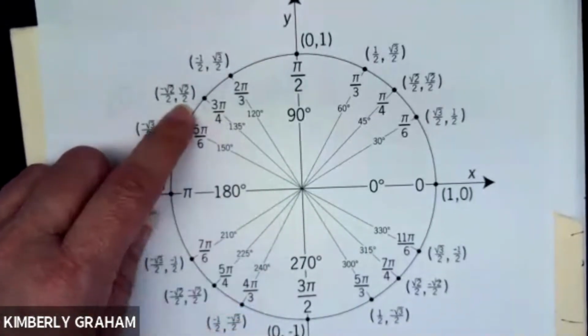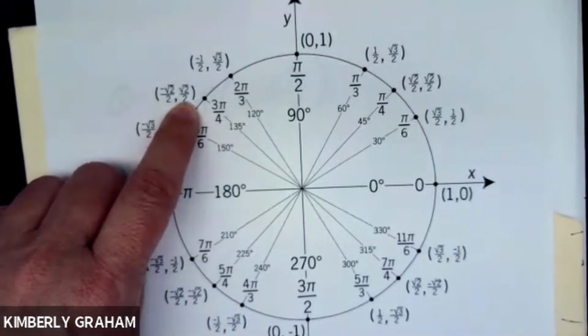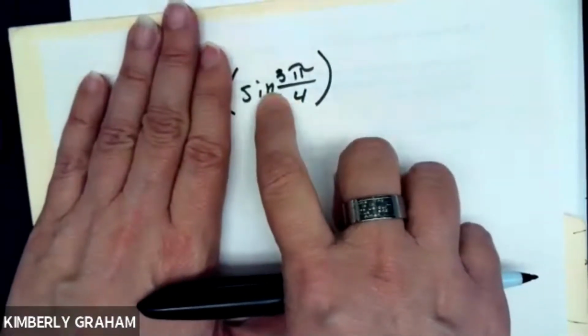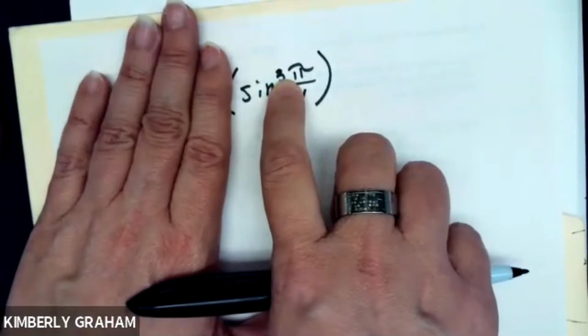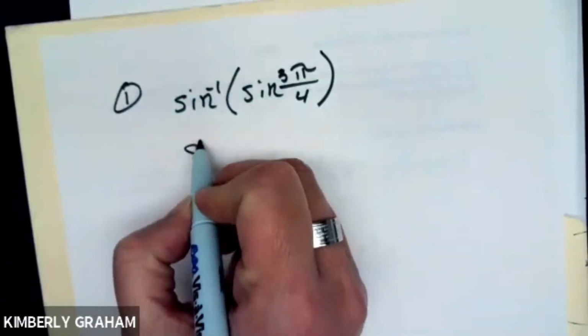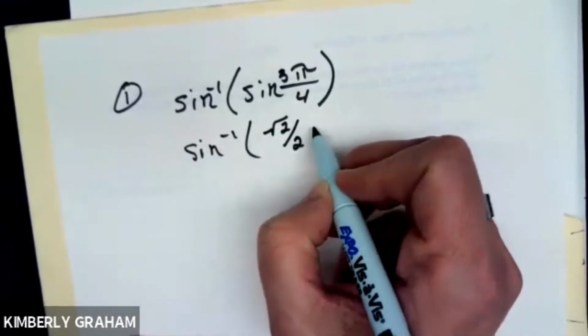Remember, the sine is my y value, so I've got square root of 2 over 2. And when I'm looking at this part right here, I'm not looking at an inverse function, so I'm not restricted here. This is square root of 2 over 2. And now I want to find the inverse of that.